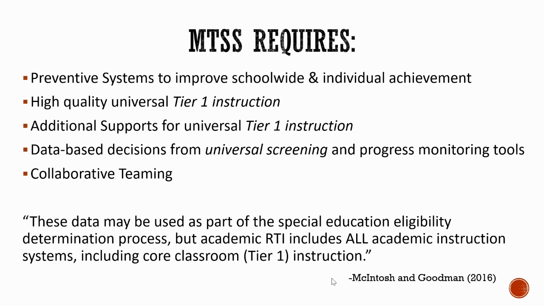Note the adjective additional support in order that students are successful in Tier 1. All of this work is informed by data-based decisions, so both universal screening and progress monitoring are essential. Collaboration is also a key aspect of effective MTSS, including effective Tier 1 instruction.